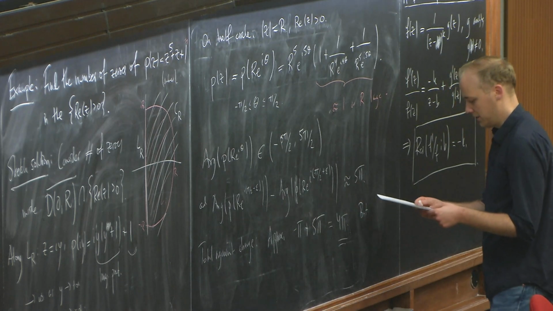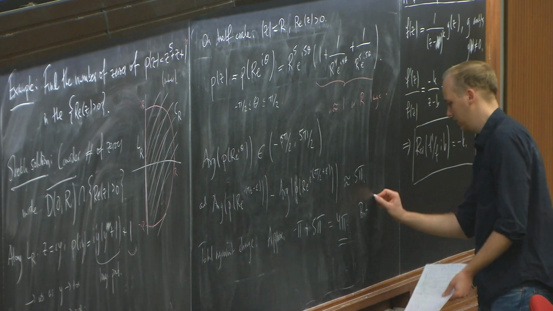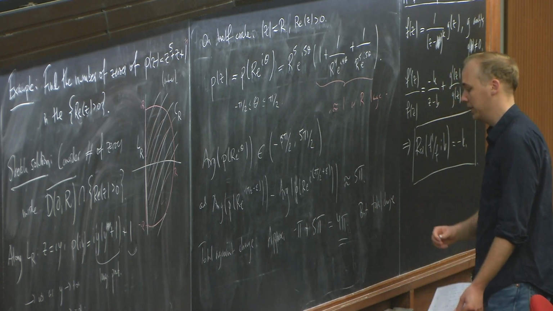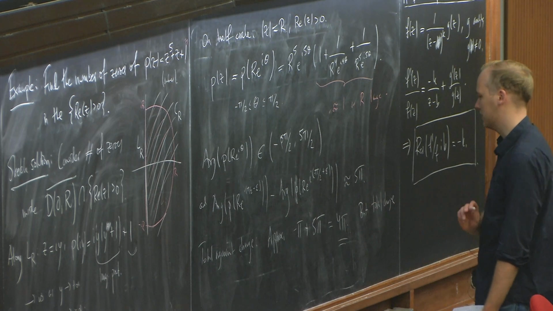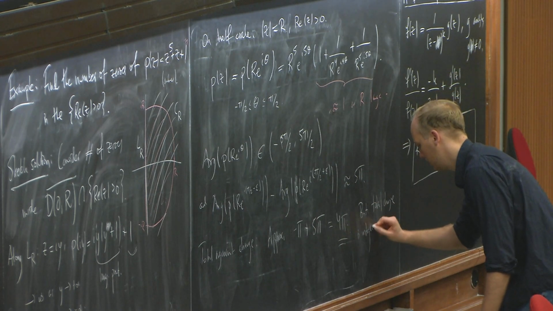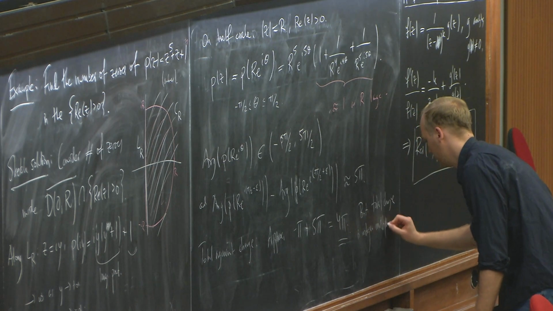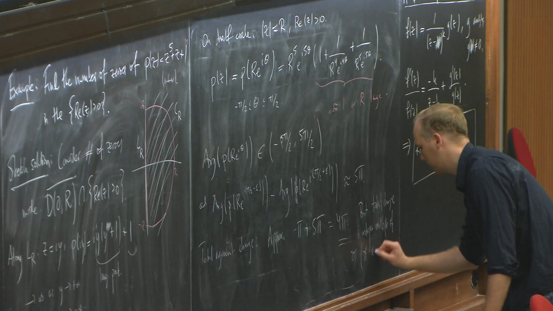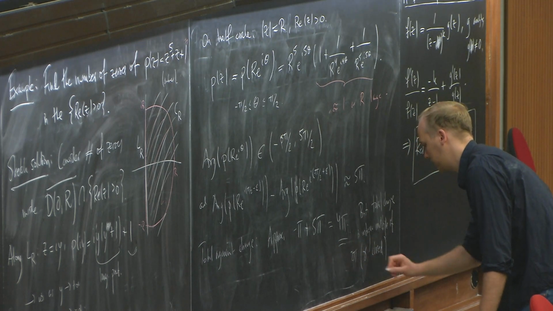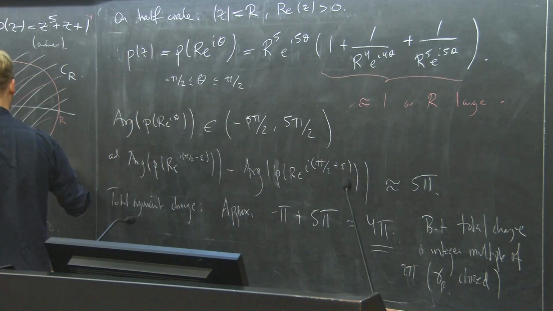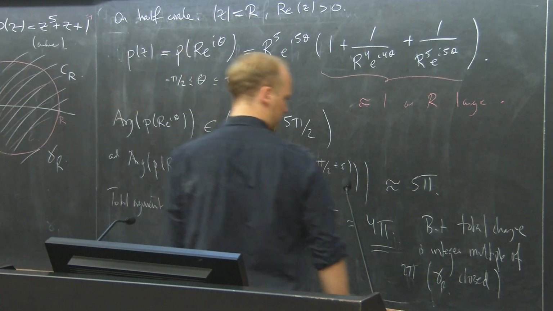but of course the change in argument has to be an integer multiple of 2 pi, so it means that it's exactly 4 pi. And it's because this curve that we consider, this gamma r or whatever, this total curve, is closed.